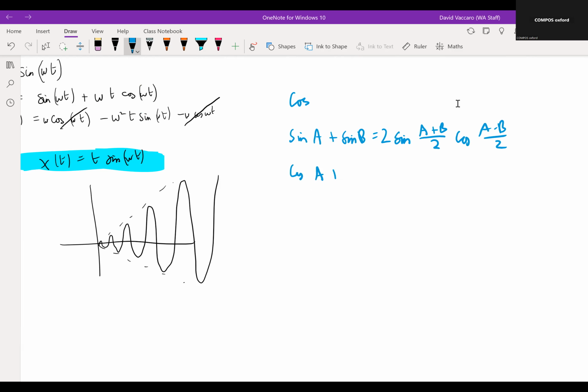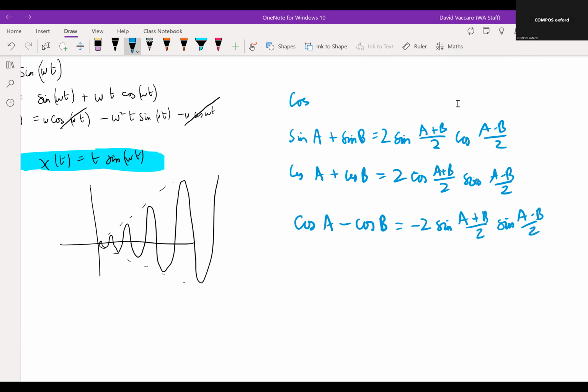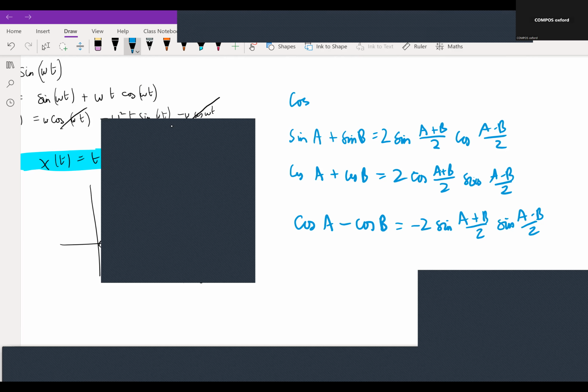Cos A plus cos B is 2 cos (A plus B)/2 cos (A minus B)/2. And the one I looked at was the difference between two cos waves, which is minus 2 sine (A plus B)/2 sine (A minus B)/2. You'll meet this again.